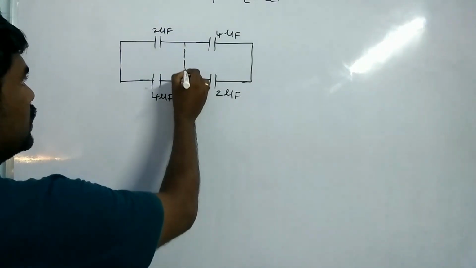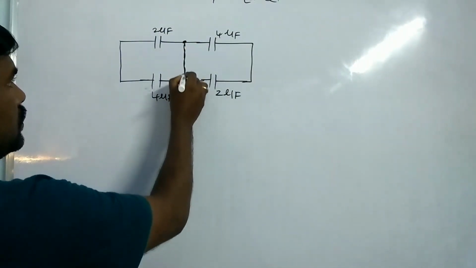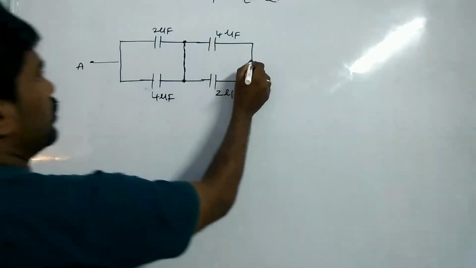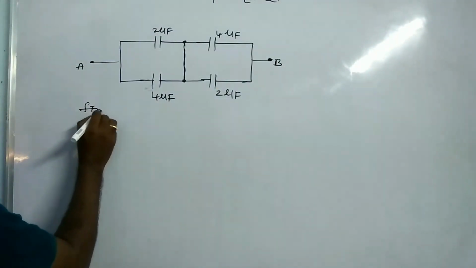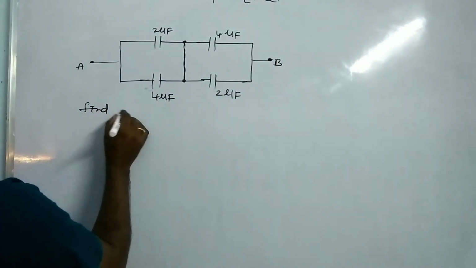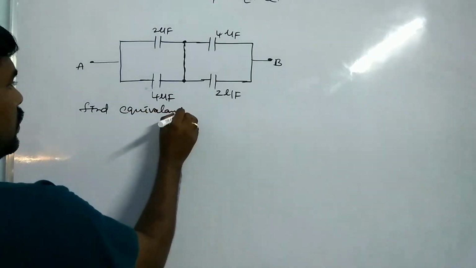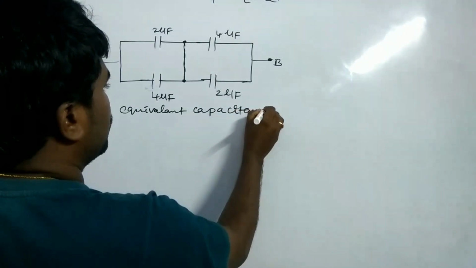So here there is a pointer, this is point A and this is point B. Find the equivalent capacitance between A and B.